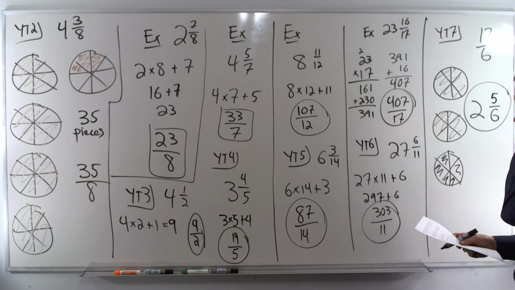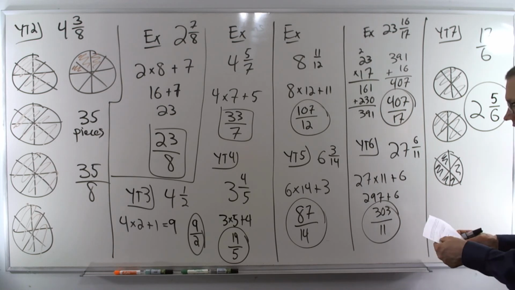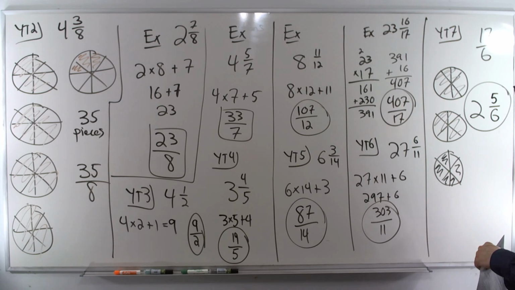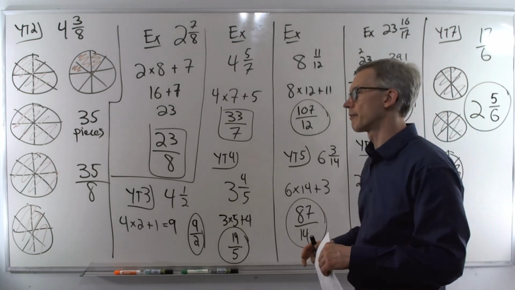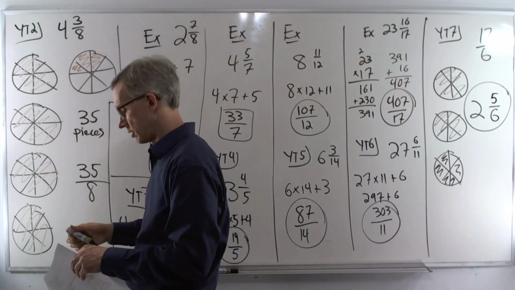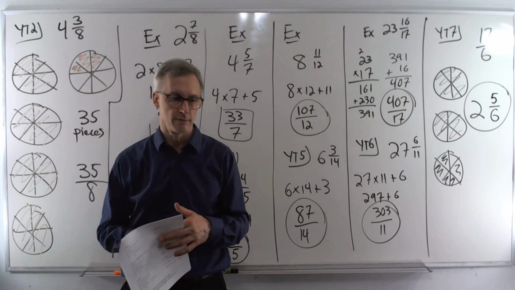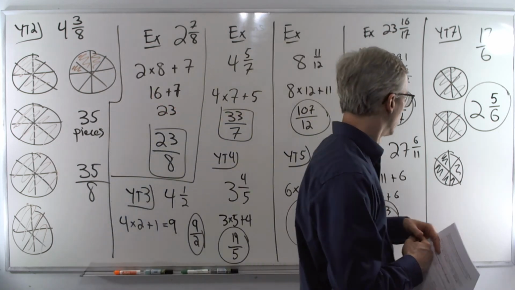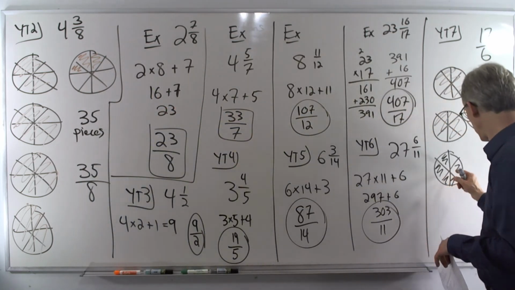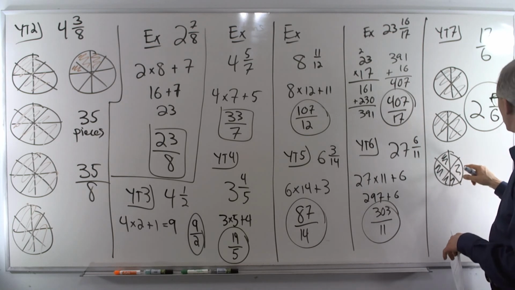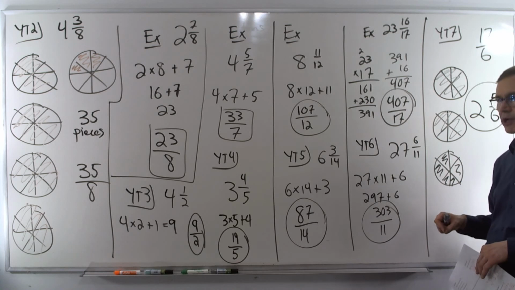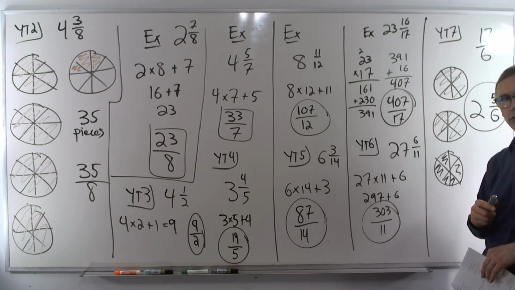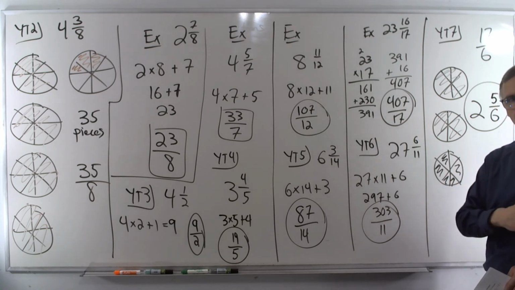All right, now what do we do here? Let's think about what we actually did. We took a total of 17 pieces of pizza, and we split them up into groups of 6. Now think about what mathematical operation splits a whole into equally sized groups. And here we had a few pieces that were left over. So think about that operation, and then what do you do if you have leftovers after performing that operation?